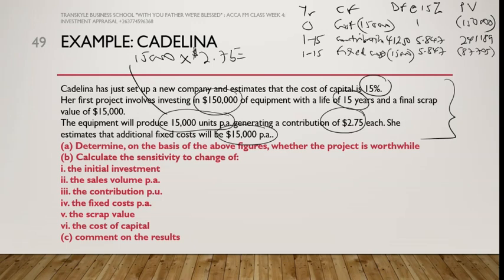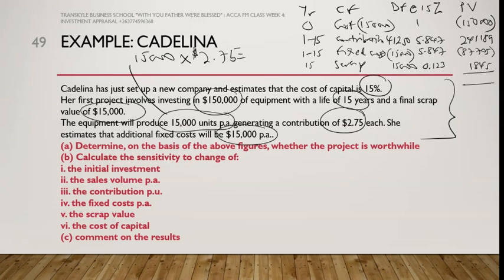There is also going to be a scrap value of 15,000. So in year 15, in the 15th year, we are going to have a scrap value of how much? We are told it's 15,000, a positive figure, and the discount rate in year 15 is 0.123 from the PV tables, and we get 1845.